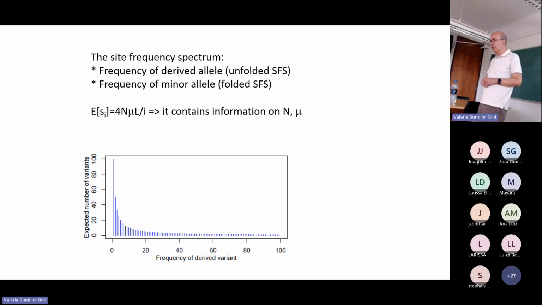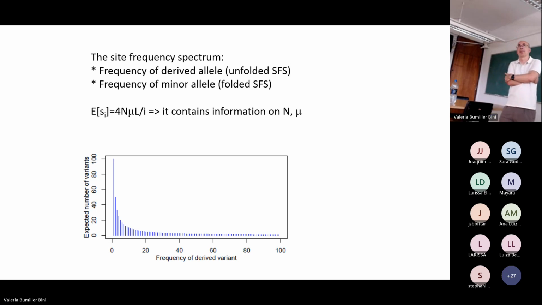It was done first with ABC, which is approximate Bayesian computation. And now it's done with all kinds of neural networks and stuff like that. One of the researchers in our institute is an expert in this, and he's a peculiar type of guy.